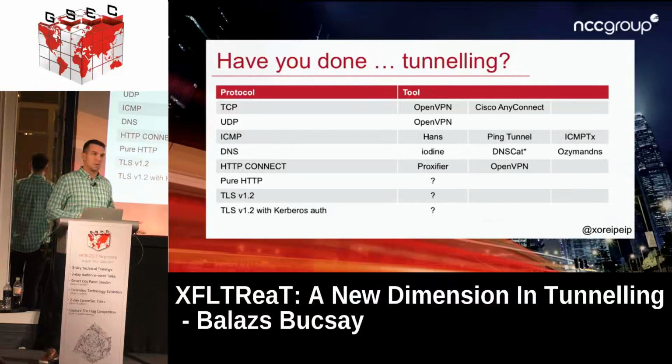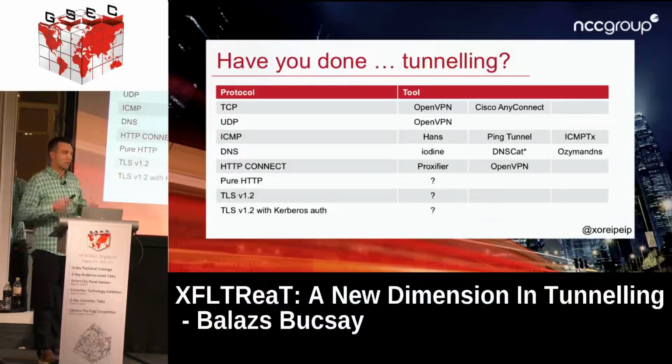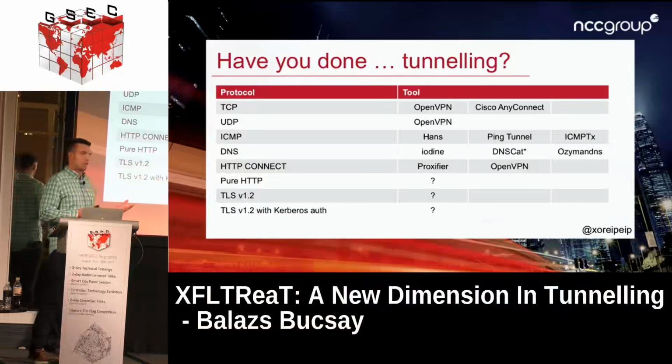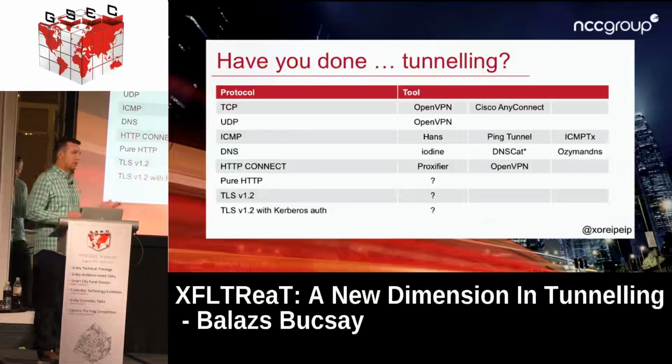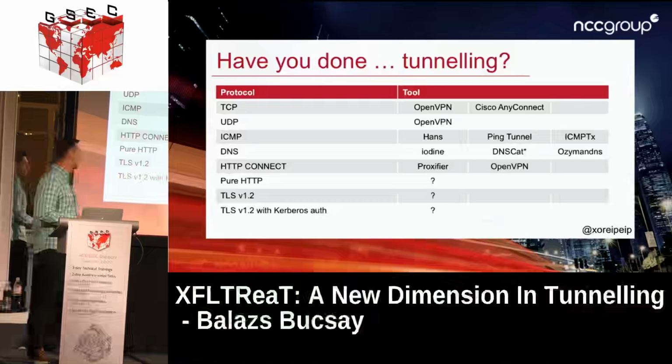If you have a proxy and you make a connection over that, you can proxy your stuff, you can tunnel your stuff. You can use Proxifier, or OpenVPN has support for that. But what if there is no support on that firewall and you want to get unfiltered internet access, you want to do tunneling? I didn't really find any tool for that. Probably there are, but it's hard to find.